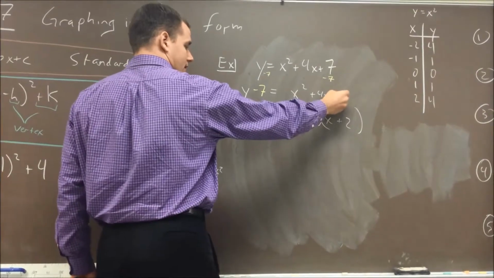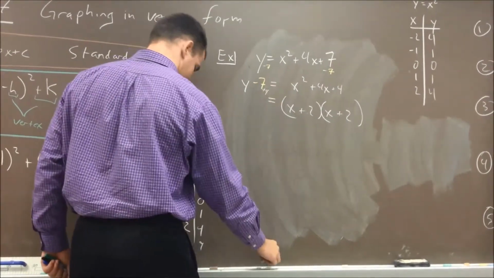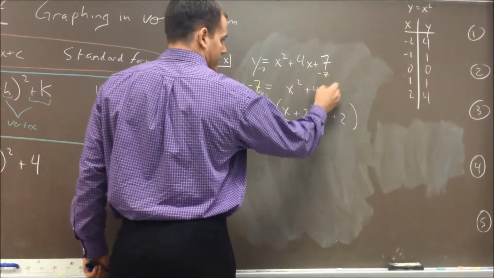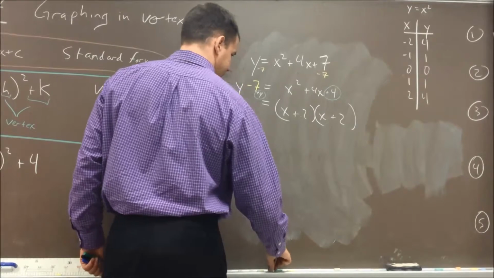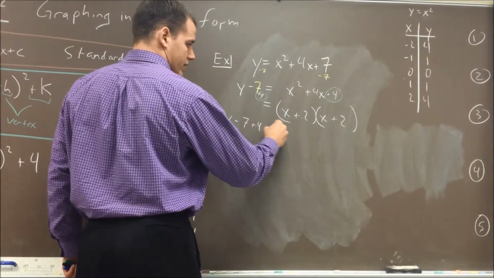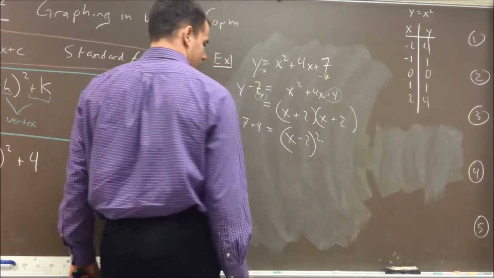But if I add 4 to this side, I have to add 4 to this side, don't I? So those are the numbers I have to add to complete the square. I'm going to get y minus 7 plus 4 is equal to x minus 2 squared.